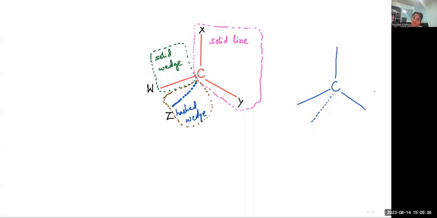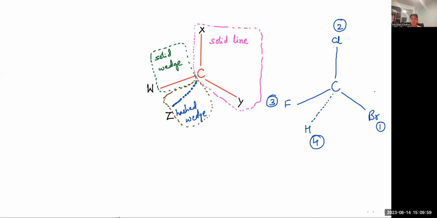The first one here is bromine, then a chlorine, and the two other ones are fluorine and hydrogen. Now they've started numbering from here: 1, 2, 3, and 4.